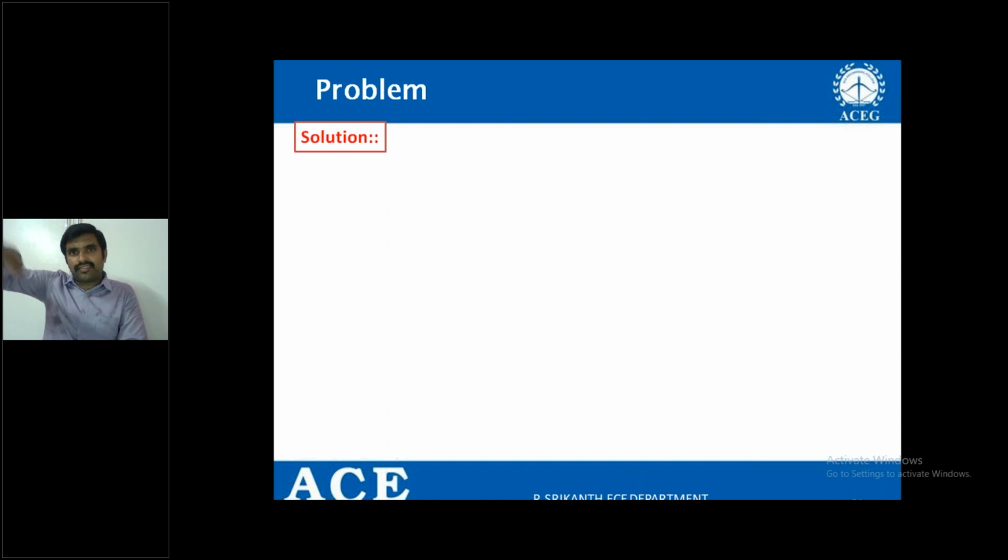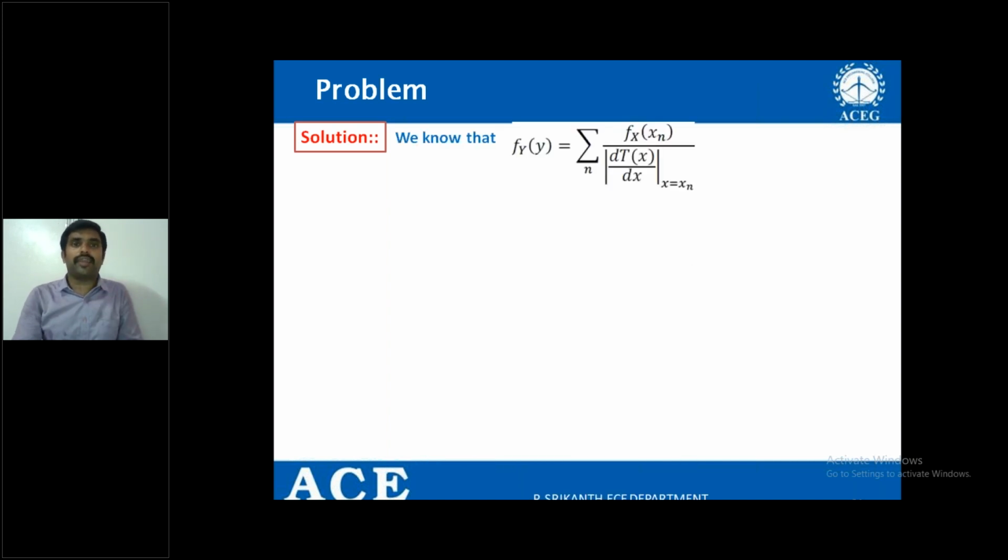That is a parabola. Is it monotonic? No, it is a non-monotonic transformation. In a non-monotonic transformation, ultimately a single element in the new random variable will correspond with multiple elements in the existing random variable, right? So therefore, here the new density function can be derived by using this equation.